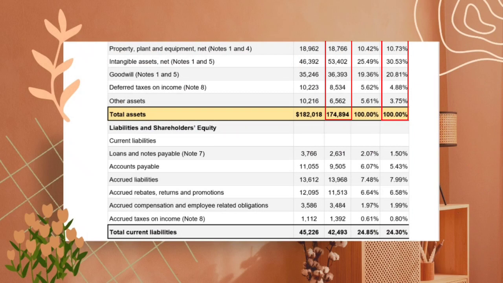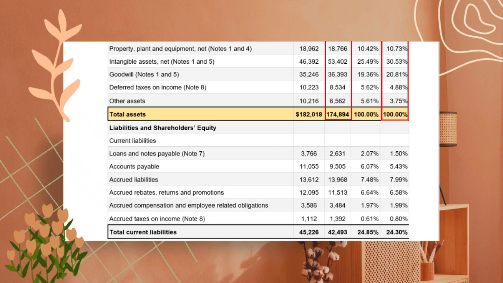We have here 18,766. We will divide it by the total assets of 174,894. After getting the total, we will multiply it by 100 so we can get 10.73%.